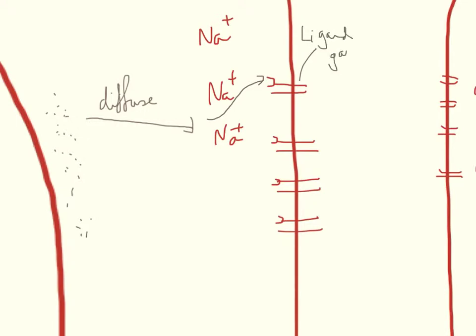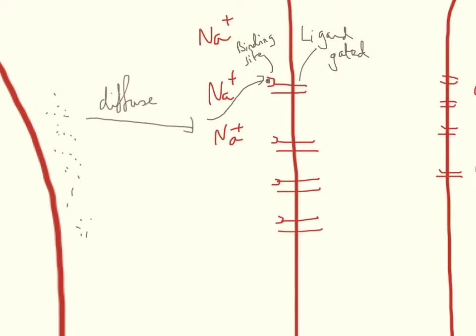These channels are ligand-gated sodium channels. These ligand-gated channels are normally closed, but once the neurotransmitter binds and sits in this binding site, so we have a binding site here, it will cause the channel to open.